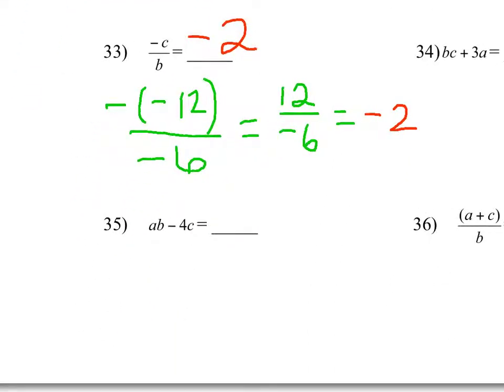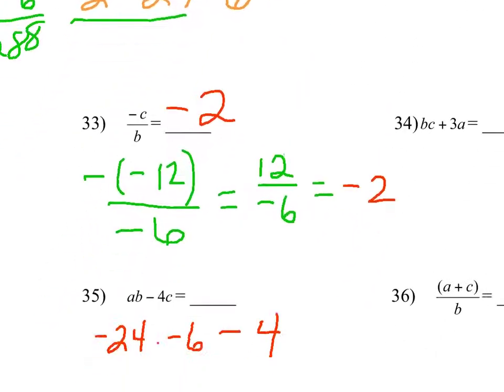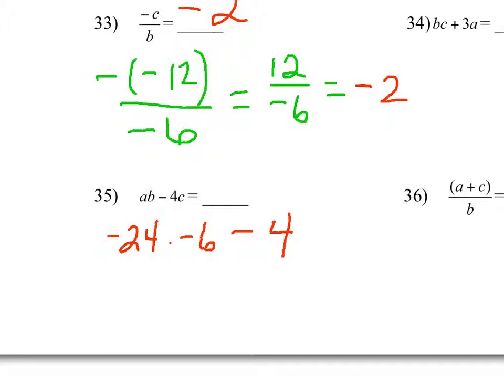So negative 24 times negative 6 is the AB part of this problem right here. Now I need minus 4 times whatever C was, and we said C was negative 12. So I'm going to use parentheses, negative 12, to remind me that that is multiplying by a negative.